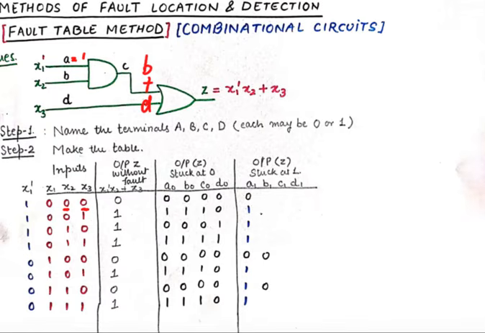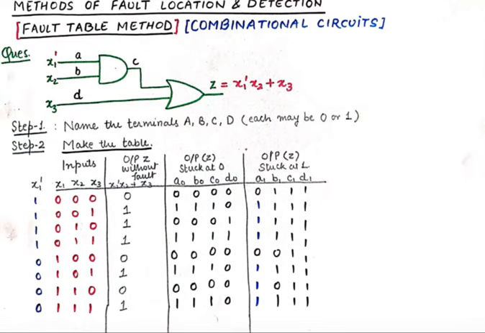So you get, when these two are 0, only then we'll get a 0 here. Otherwise, even if one of them is 1, we get a 1. Now let's look at the other three cases. I hope you'll be able to follow suit.